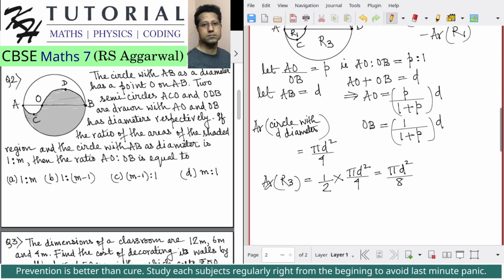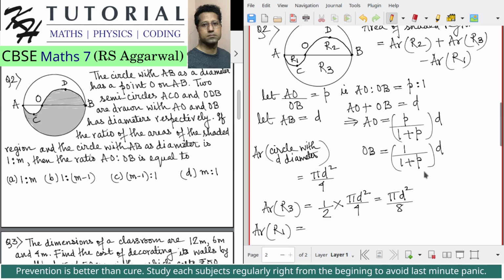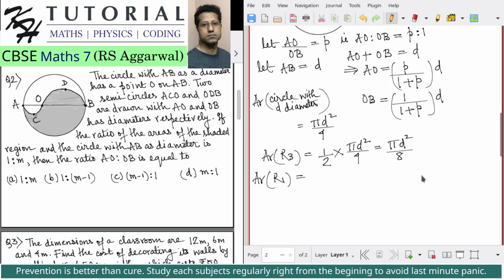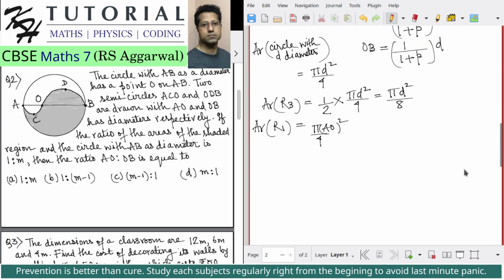Now what is the area of R1? That is the semicircle with AO as diameter. It will be pi AO square by 4 for the full circle, since R1 is a semicircle with AO as diameter.